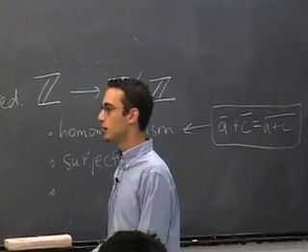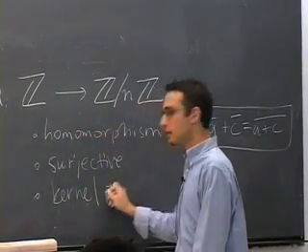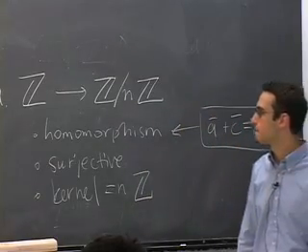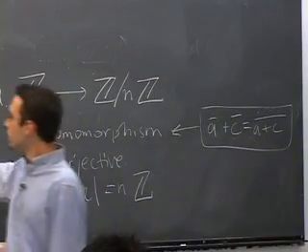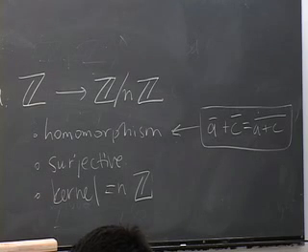And finally, and this is a good verification, the kernel is exactly nZ. So what we're going to do next time is see why this continues to work for any normal subgroup of a group. Great. Thanks.